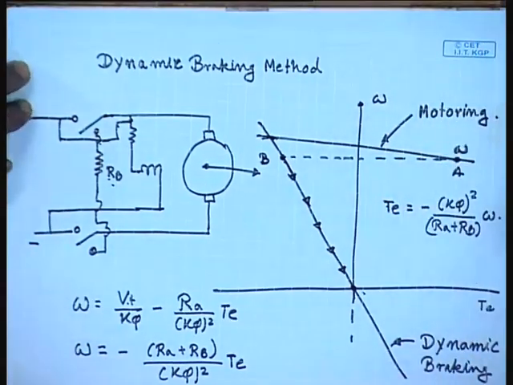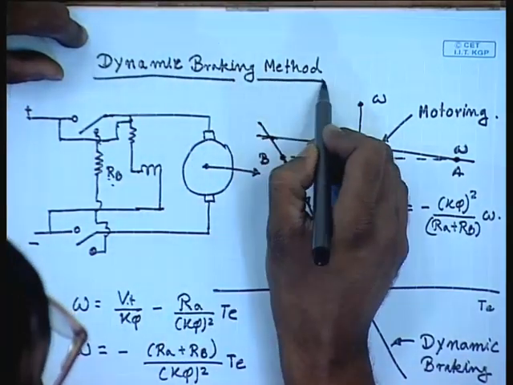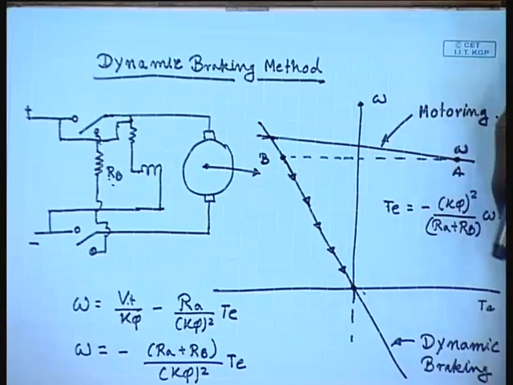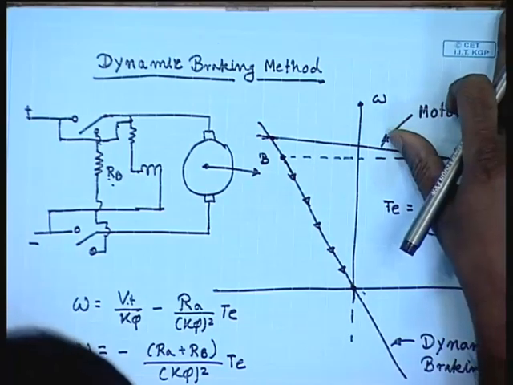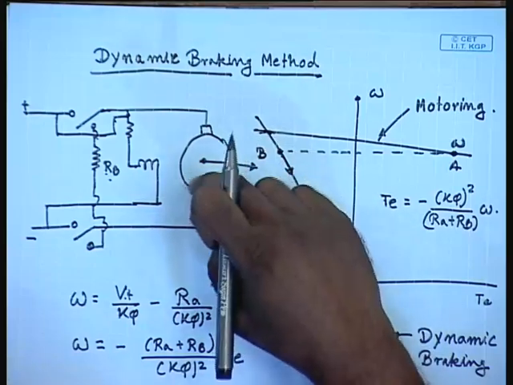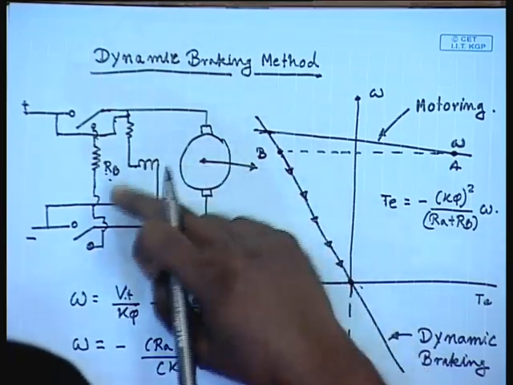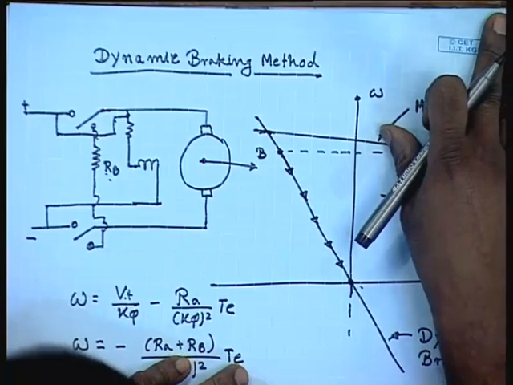So this is called the dynamic method of braking. In this case, the motor can be made to stop completely by the electrical braking method, but it cannot recover the stored energy in the machine and the load back. So this energy is wasted in the braking resistance.